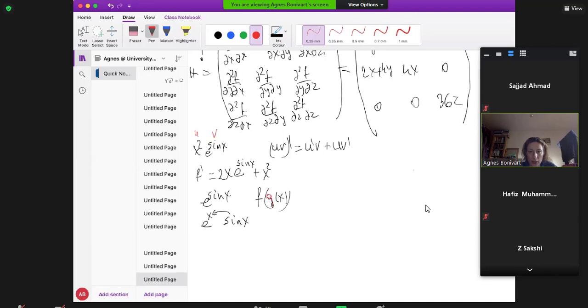G is the internal function. What does the internal function mean? Let's say f is the external and g is the internal. How do we know which one is internal? It's the one we calculate first.